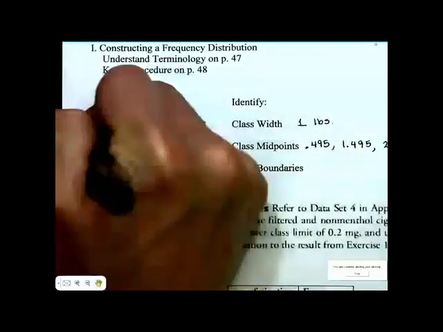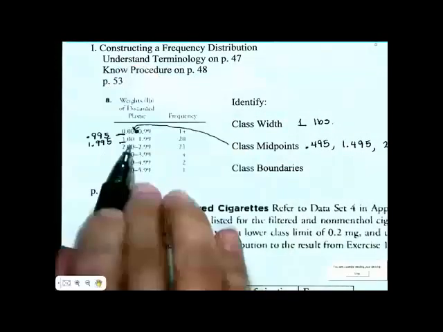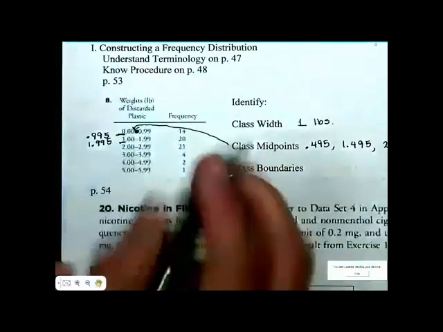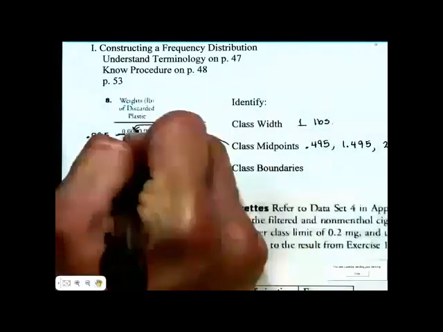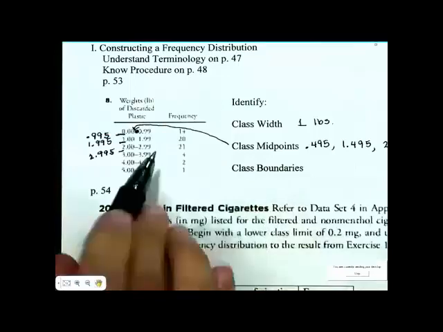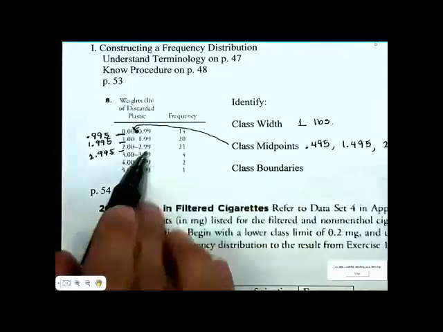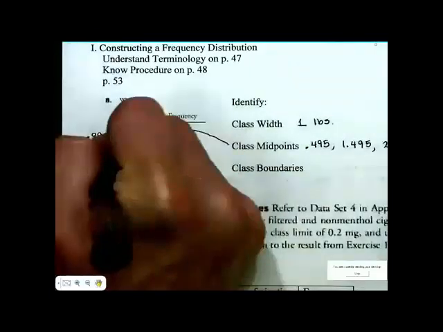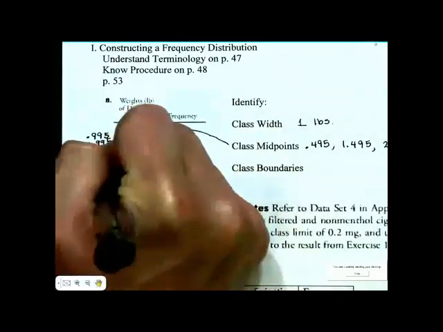Yeah, 1.995 is halfway between $1.99 and $2. 2.995 is halfway between 2.99 and $3. And 3.995 and 4.995.